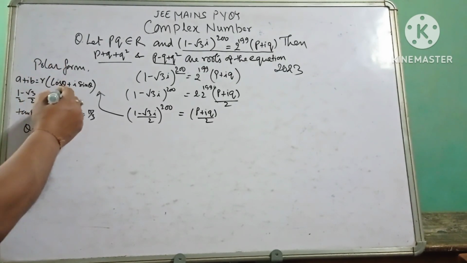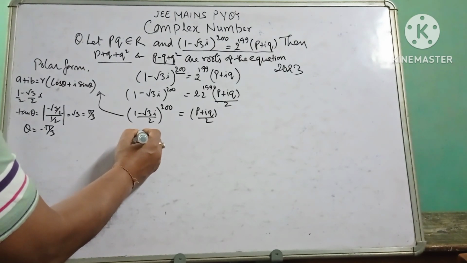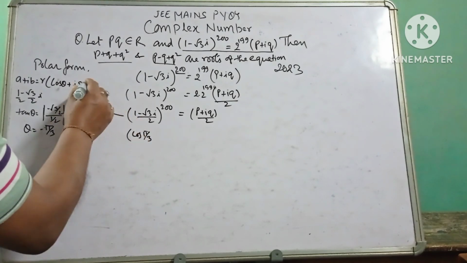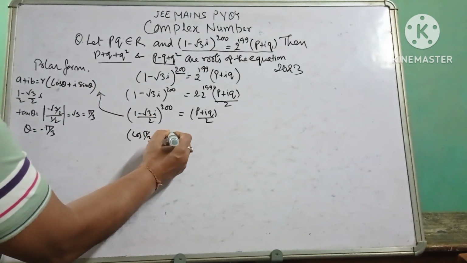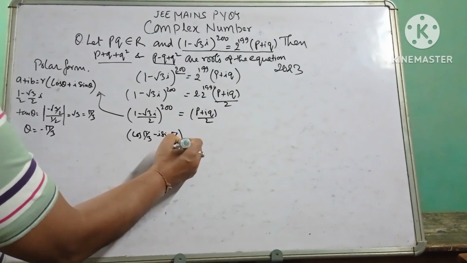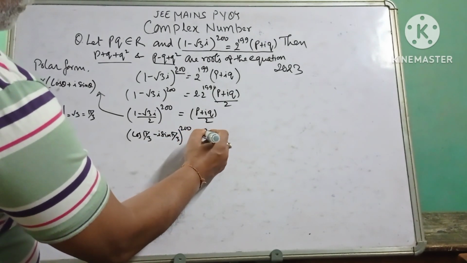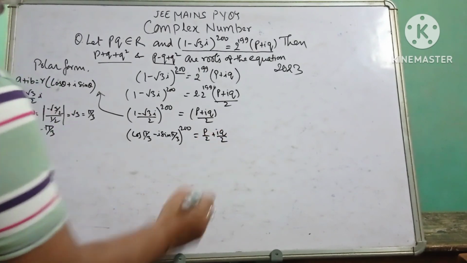So this gets converted into (cos pi by 3 minus i sin pi by 3) to the whole power 200, which is equal to p by 2 plus iota q by 2.